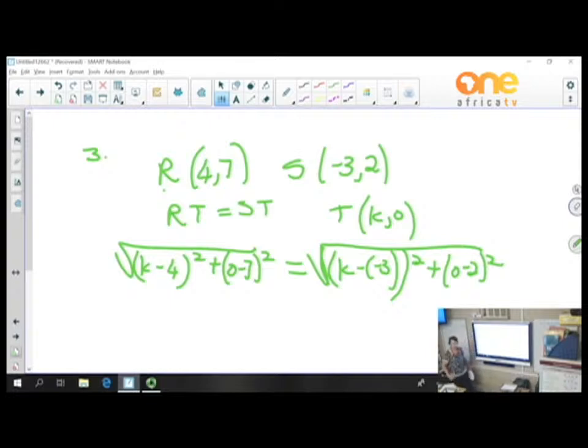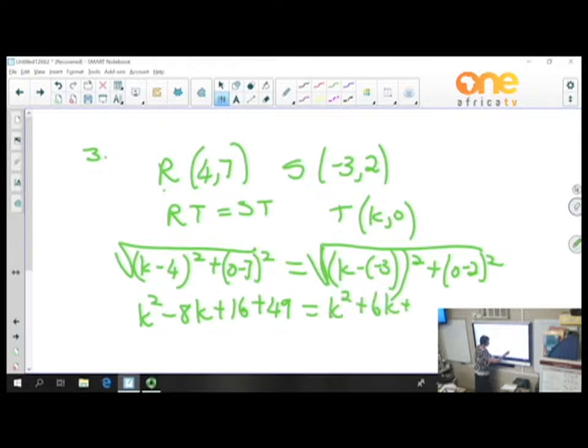That's what you need to calculate now there, because the two sides are equal, okay? So this is again going to give us k squared minus 8k plus 16 plus 49. And this one is then k plus 3 squared, which makes it k squared plus 6k plus 9 plus 4.